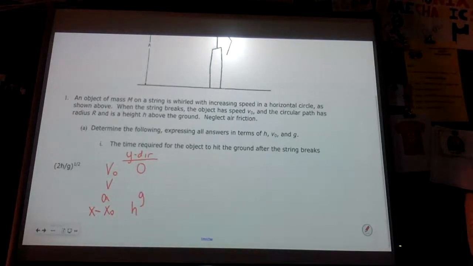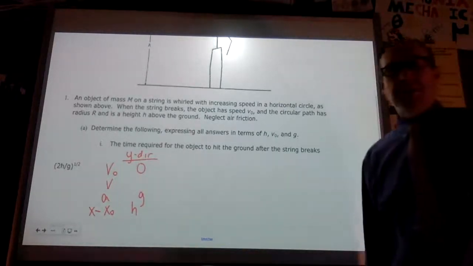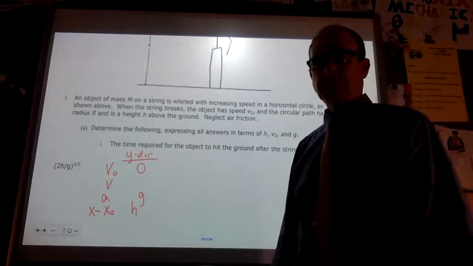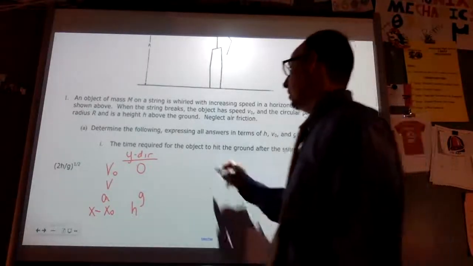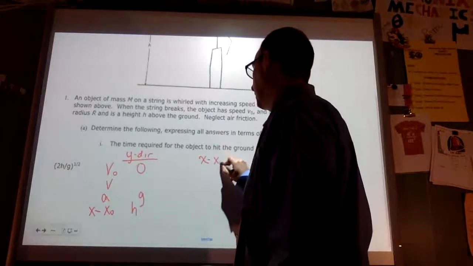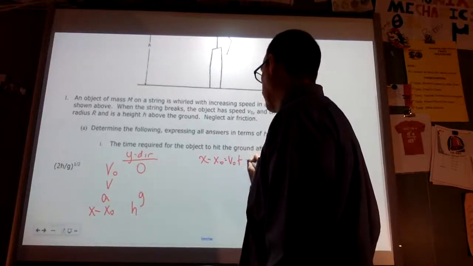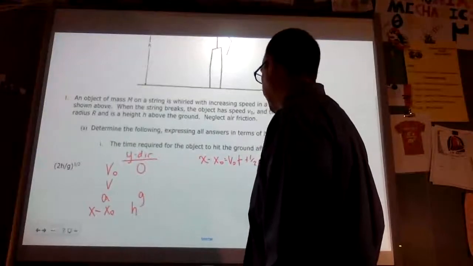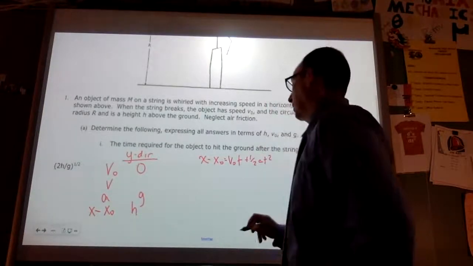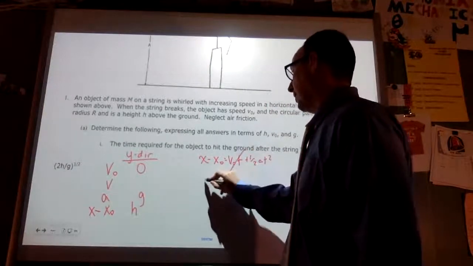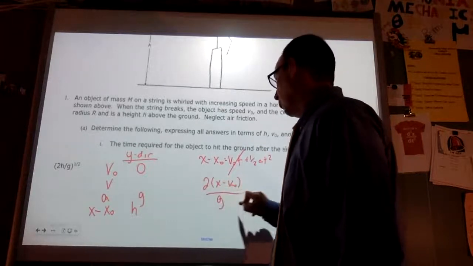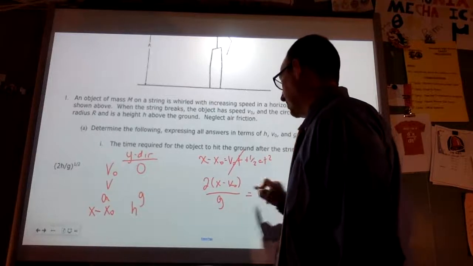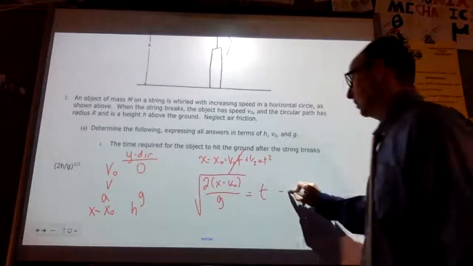I can either make it h or I can make it negative h, but then I need to make g negative g, so I don't have a negative underneath it. I'm going to say that x minus x naught equals v naught t plus 1/2 at squared. Cancel that out. I'm going to have 2 times x minus x naught over g is equal to t squared.